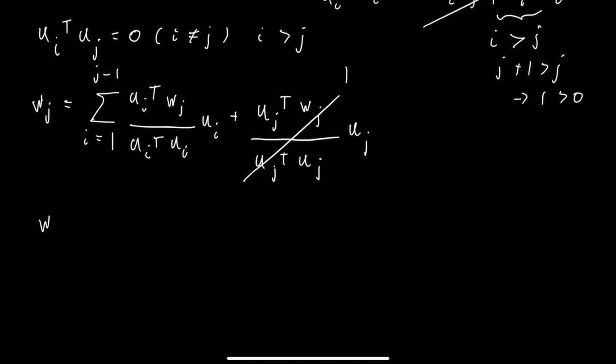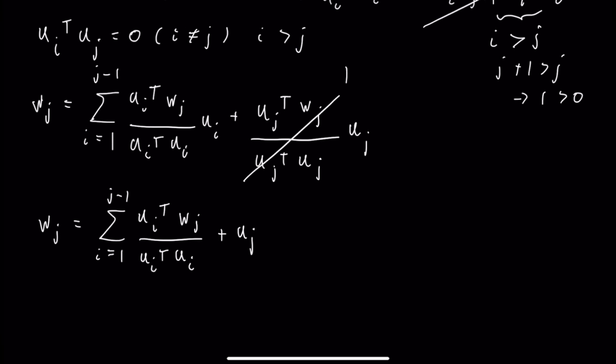So Wj is the sum from 1 to j minus 1 of UI transpose Wj over UI transpose UI times UI, plus Uj.